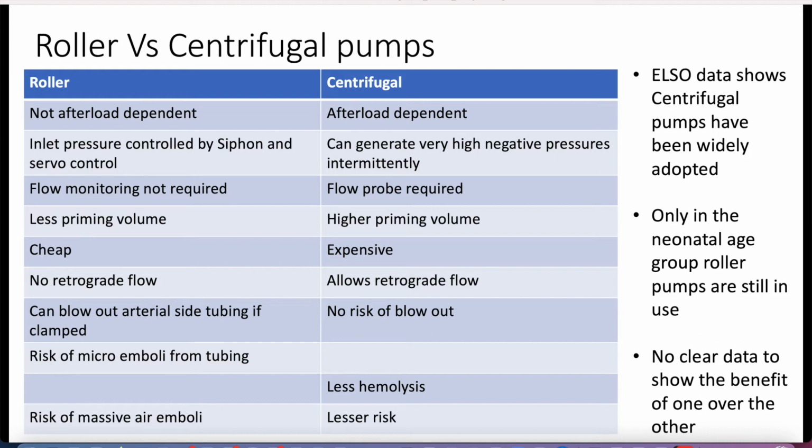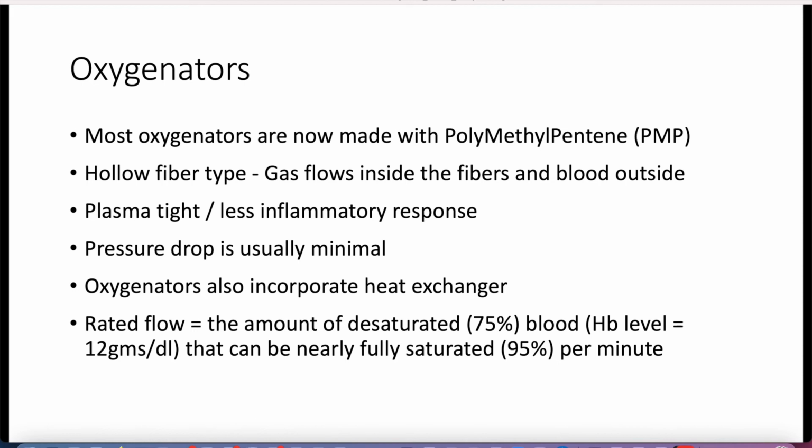One of the advances that has happened in the ECMO is the development of hollow fiber type oxygenators, which have completely replaced the membrane oxygenators that were in use before. Most of the modern hollow fiber oxygenators are manufactured using polymethylpentane. They have the advantage of being plasma tight and also causing less inflammatory response.